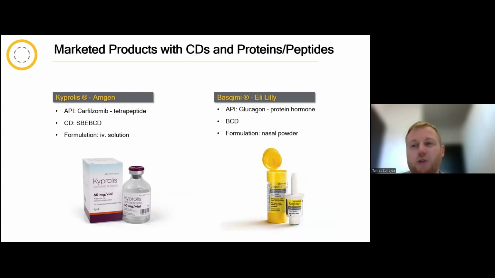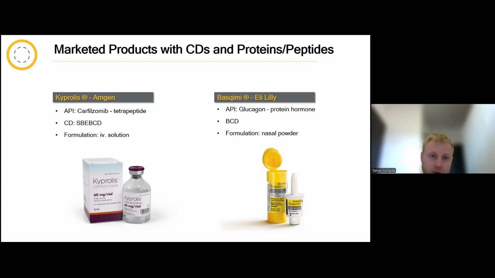As I said, unfortunately, I cannot really bring any commercial examples on protein formulations. The closest we have is glucagon, which is an oligopeptide. So it's of course a hormone, and it was fairly recently marketed as a nasal powder. So it's also one of the very few nasal powders that are cyclodextrin based and administered this way.